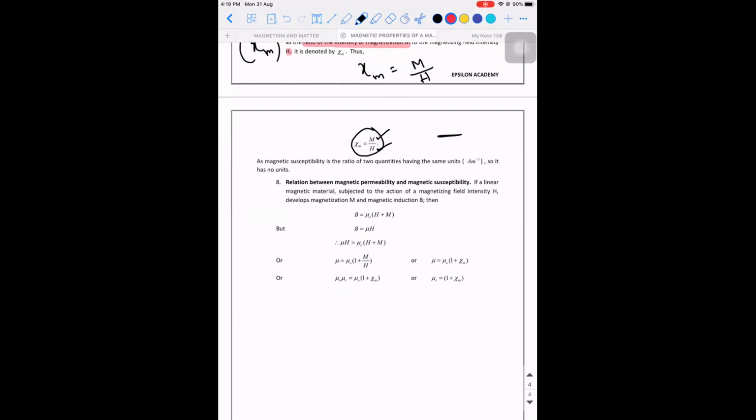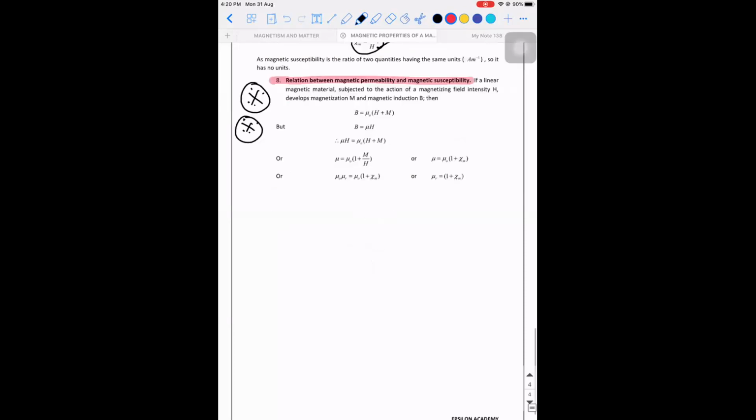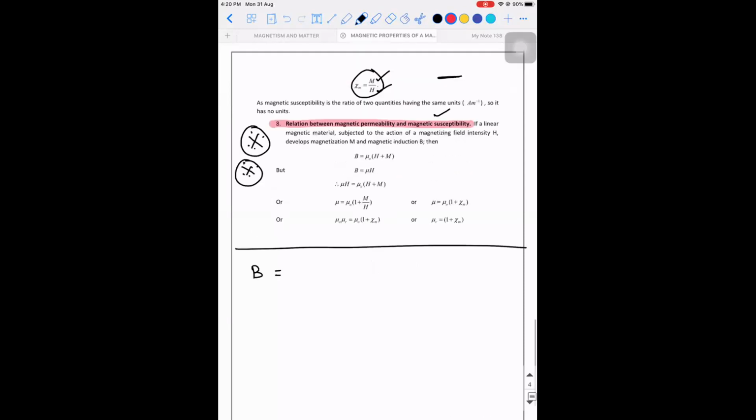So the last point is the relation between magnetic permeability and magnetic susceptibility. This is also very, very important. Susceptibility depends on which two physical quantities? One is magnetization and the second is magnetizing field intensity.